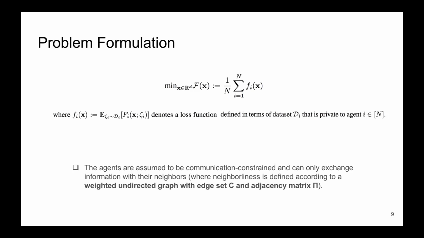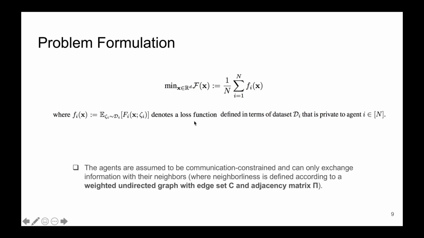And this is the formulation here. It's just like a standard problem, where N is the number of agents, and Fi is the loss function based on the private data Di. And this is the overall loss function.